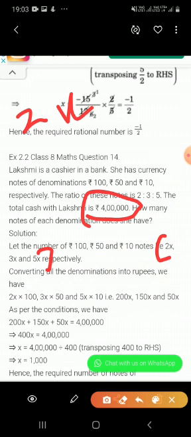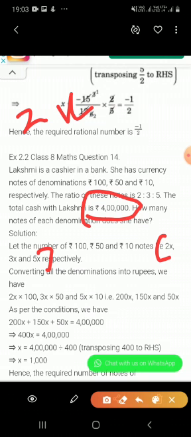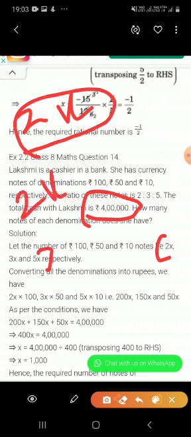Suppose two notes of 100 rupees, how much money? Rupees 200. If 5 notes of 100, how much is it? 5 into 100, that is 500. So here we have assumed 2x notes. So how much money do we have? 2x into 100.